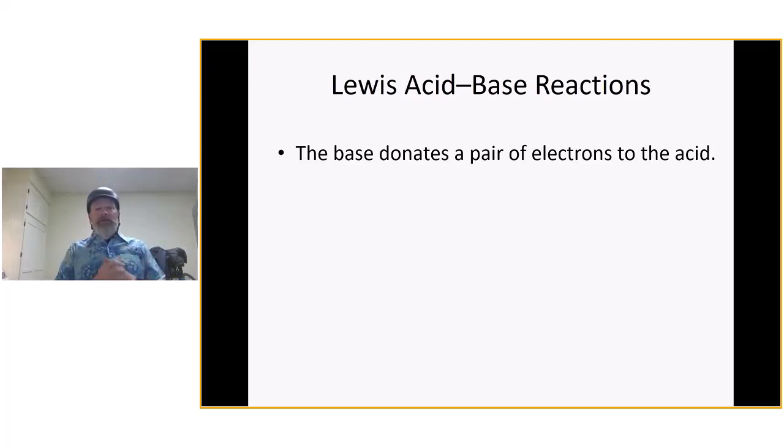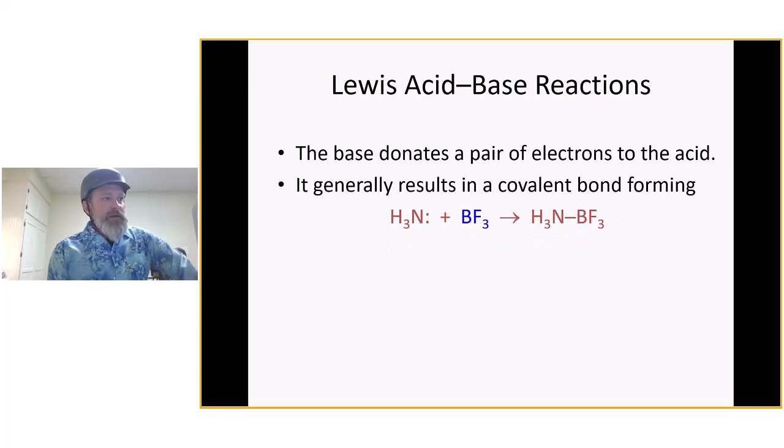Now, let's talk about Lewis acid-base reactions. The base donates a pair of electrons to the acid. It generally results in a covalent bond forming. So, if we have NH3 acting as the Lewis base with BF3 as the Lewis acid, you see that the lone pair has essentially become a bond to the BF3.